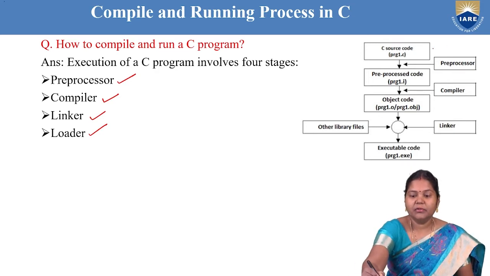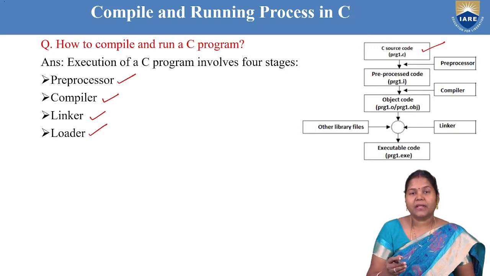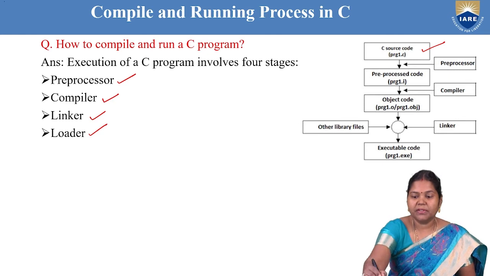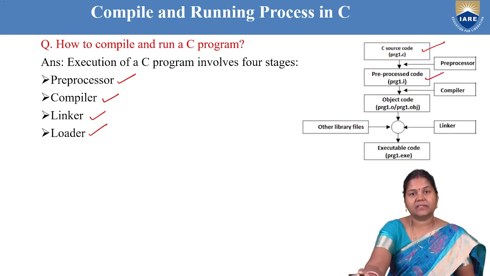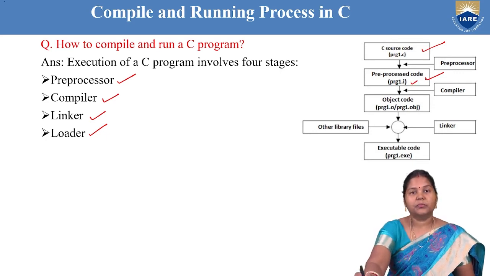For example, you have written the C source code using any IDE and let us call it program1.c. Now, the program may contain a number of preprocessor directives. Before it goes for compilation, the preprocessor module has to replace them with their original values. So the preprocessor will produce the expanded code or preprocessed code, that is, the program changes to program1.i.